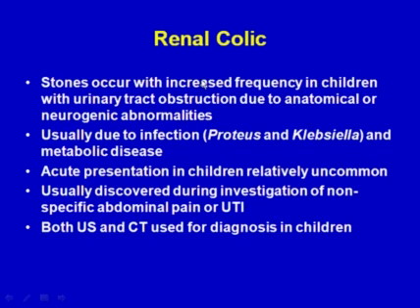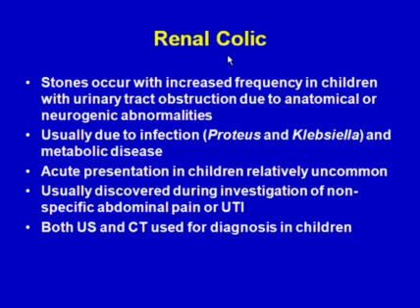Stones occur with increased frequency in children who have urinary tract obstruction, which is due either to anatomical causes or neurogenic abnormalities. These stones are usually due to a combination of infection with either Proteus or Klebsiella, or underlying metabolic disease, which predisposes them to develop stones.